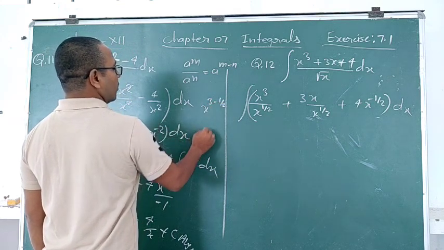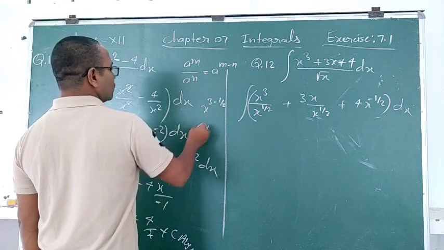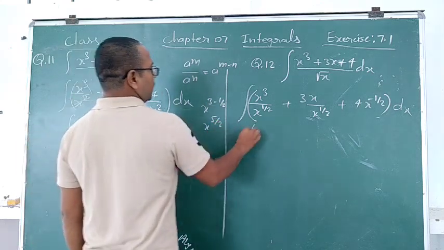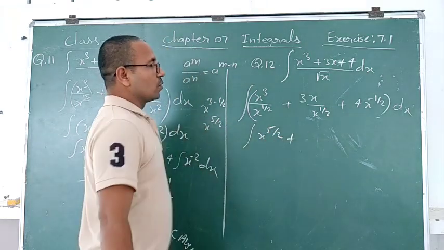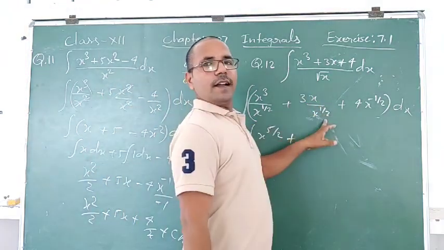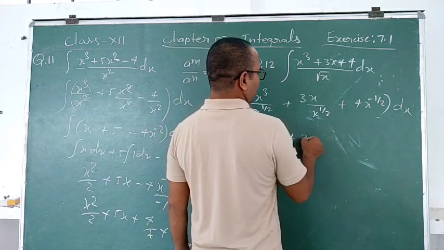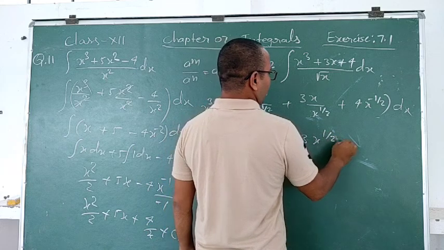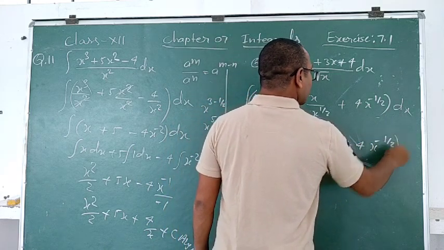So take the LCM, 2 in the LCM. 6 minus 1, 5 by 2. So 5 by 2 we are getting here. Integral x to the power 5 by 2 plus x to the power 1 and again minus 1 by 2, that will be minus 1, x to the power 1 by 2, and plus 4 x to the power minus 1 by 2. So dx.